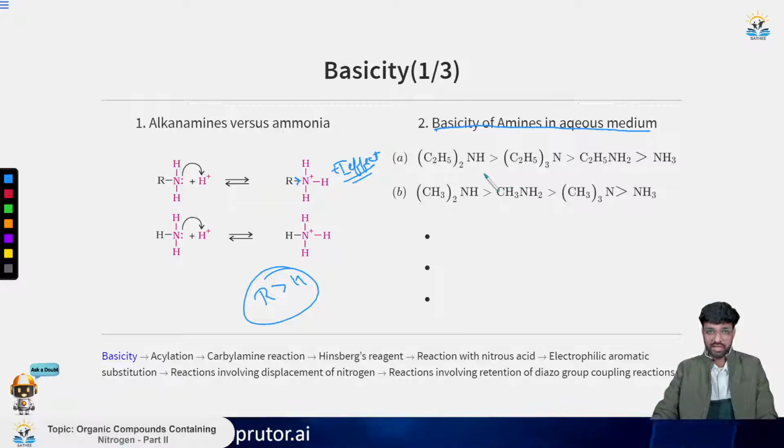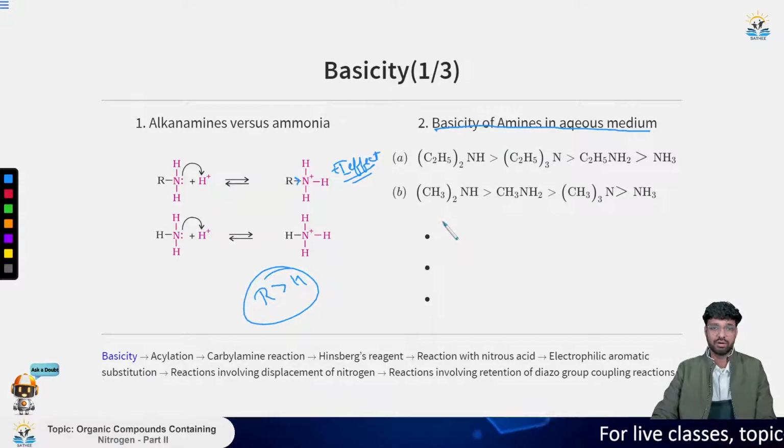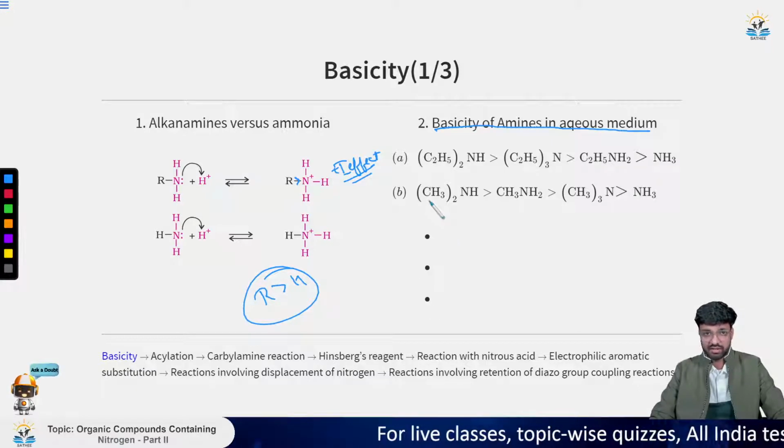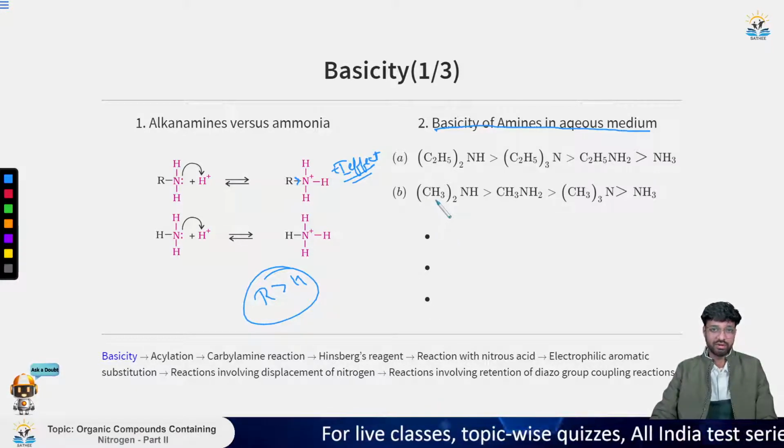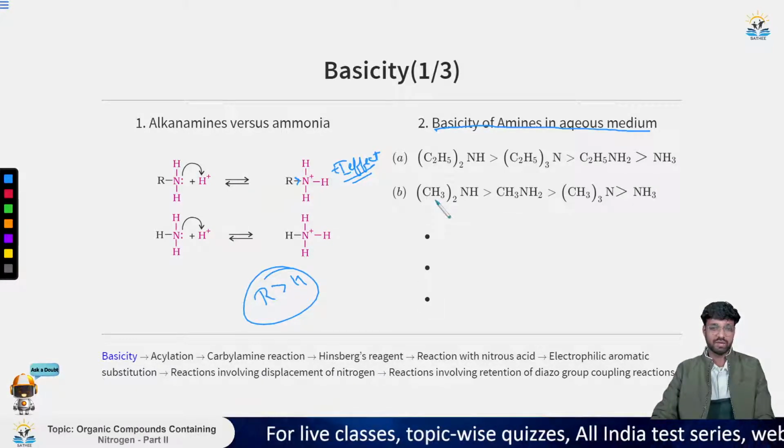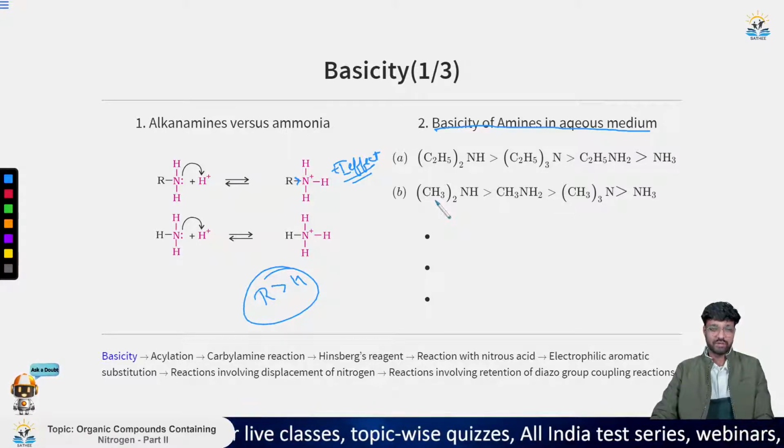If you dissolve the amine in water, then it will show its basicity. Suppose you are taking a pure solution of methylamine, then it will show no traces of basicity or acidity. But as soon as you dissolve it in water, it will react with the water molecule and show its basicity.